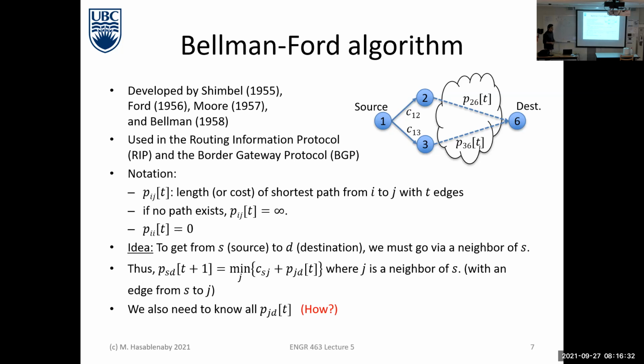Okay, so the Bellman-Ford algorithm is one of the simplest algorithms used in routing. This algorithm is applied by the router. So what I do as a network administrator is go to the router and just install the algorithm. For example, in the router configuration, I will write RIP version 1 or version 2.